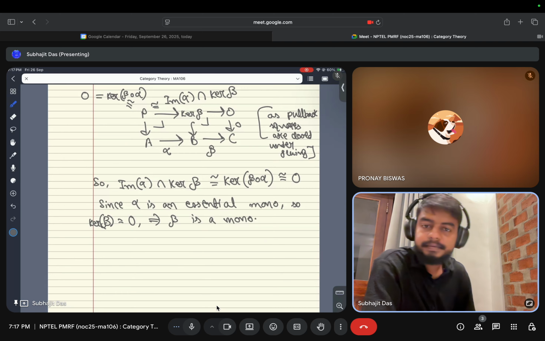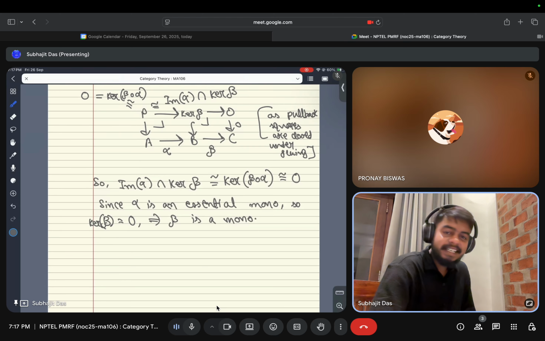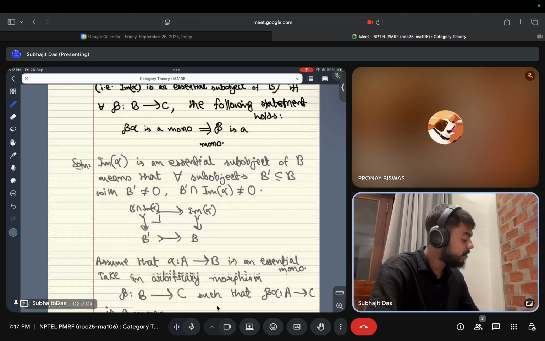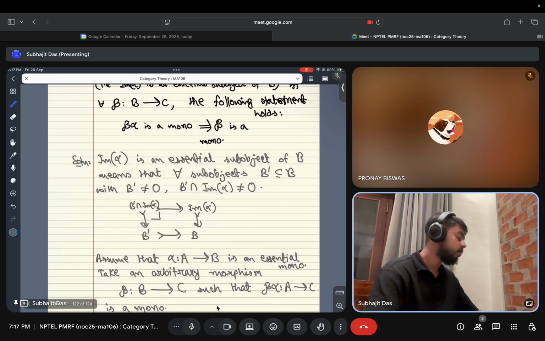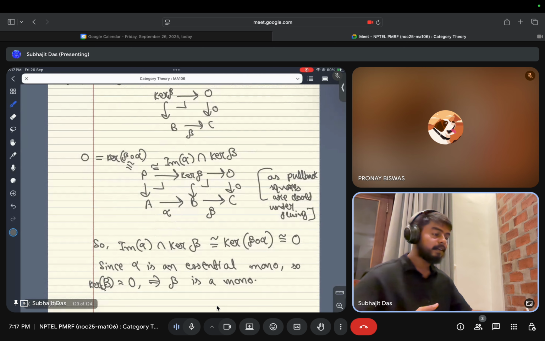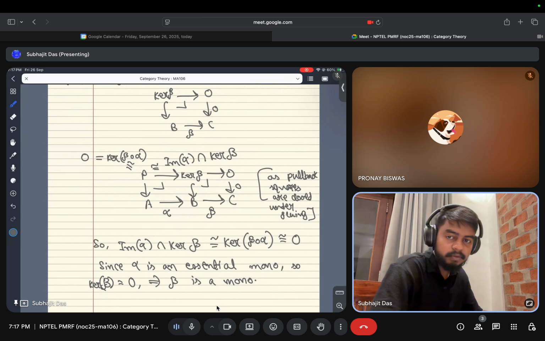Done. So one side is done. We assume that beta composed alpha is a mono, and then we have shown that beta is a mono, and the main thing that was used here is the fact that pullback squares are closed under gluing. That is what was exactly used.